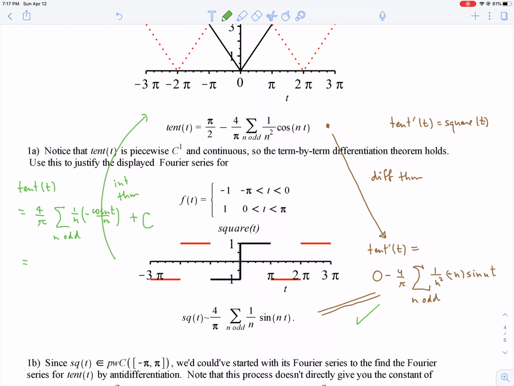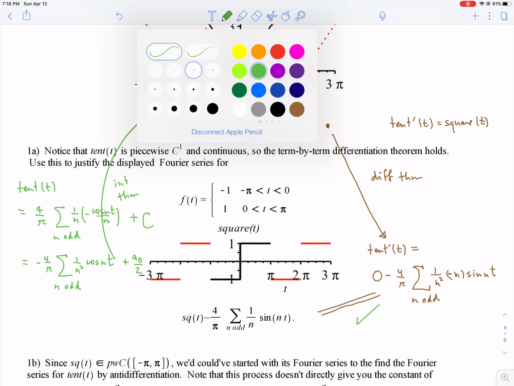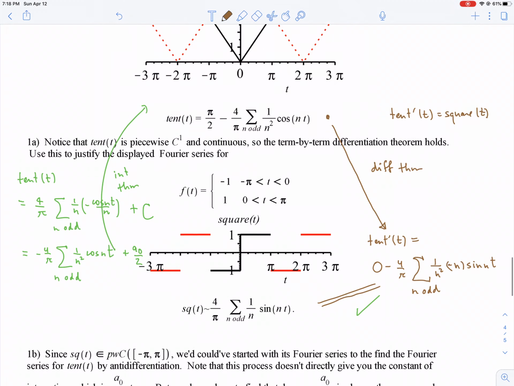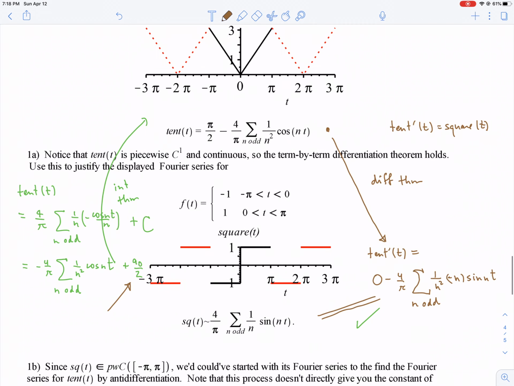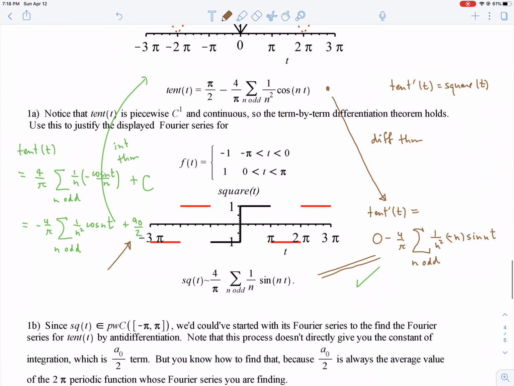So you'll notice what I've got is the sinusoidal part of the tent expansion, which is minus 4 over pi, the sum over n odd of 1 over n squared cosine nt. This constant is my a naught over 2 for the tent. The reason I wanted to do this is to figure out a naught over 2, and that'll depend on which antiderivative you're getting.